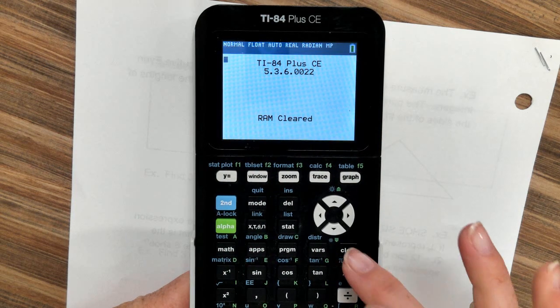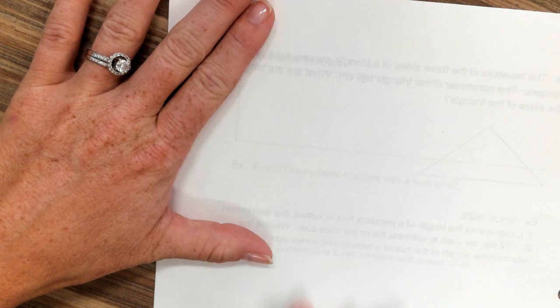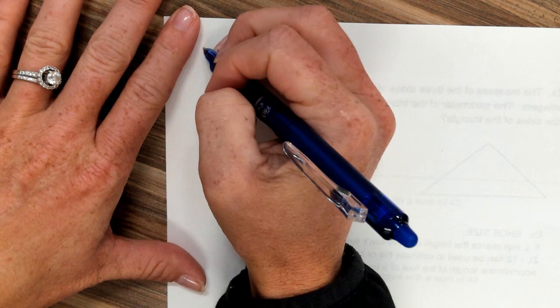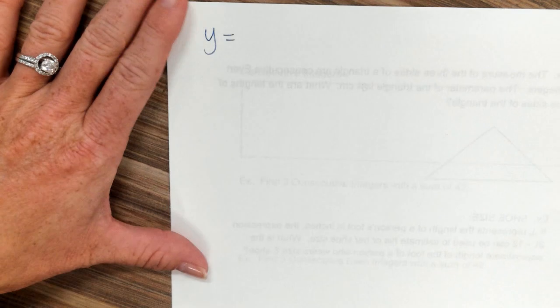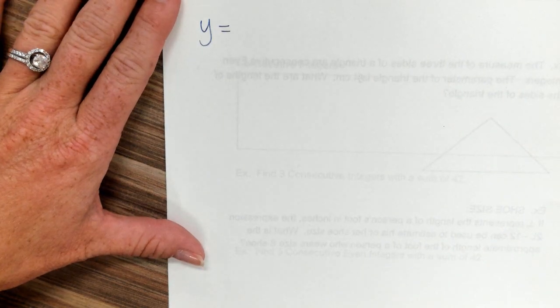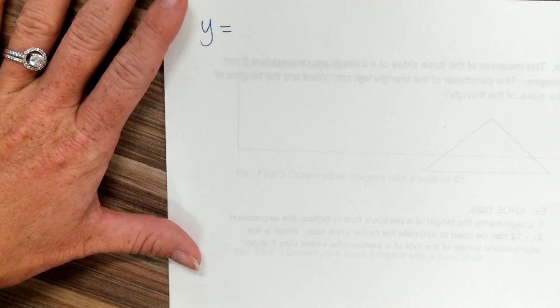Got it? To solve an equation in your calculator, you're going to follow these steps. Write them down good so that you have them. You're going to push y equals. I did not say alpha y equals. That's for fractions. I just said y equals.